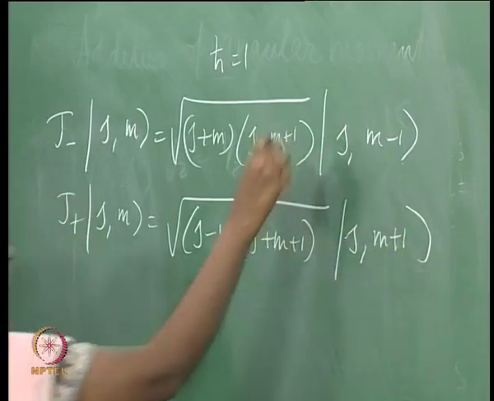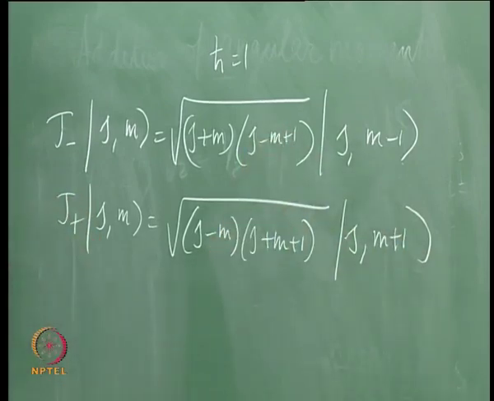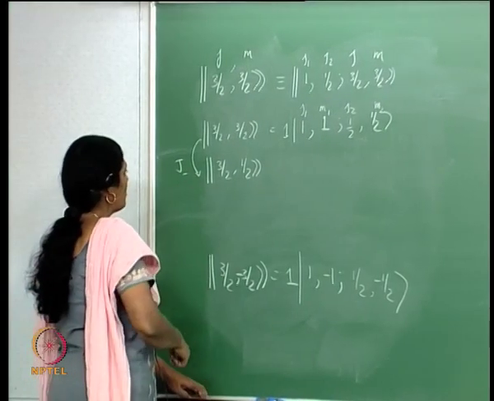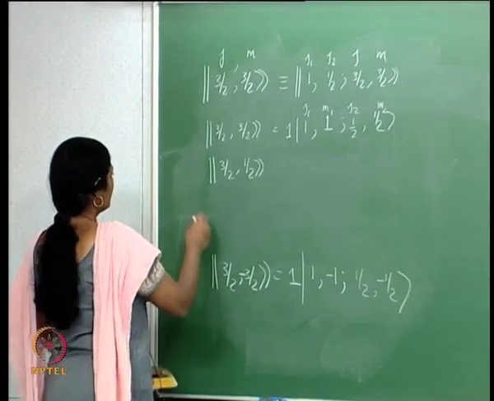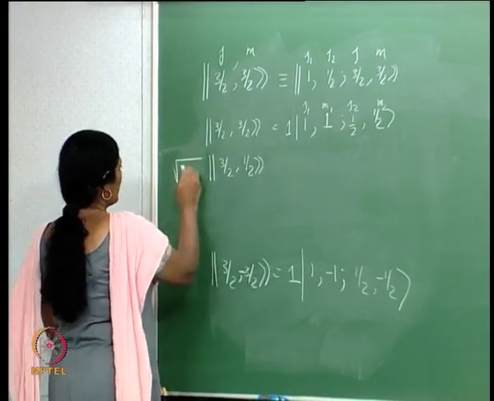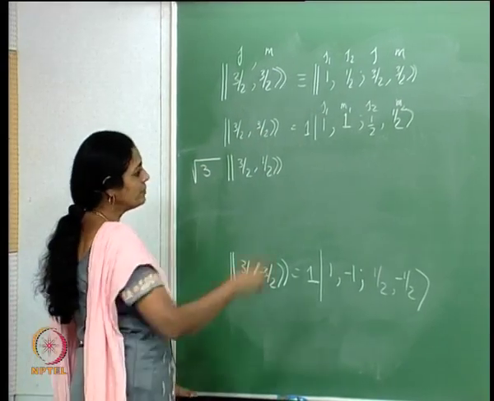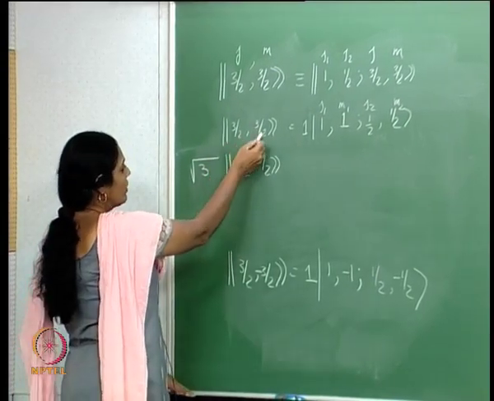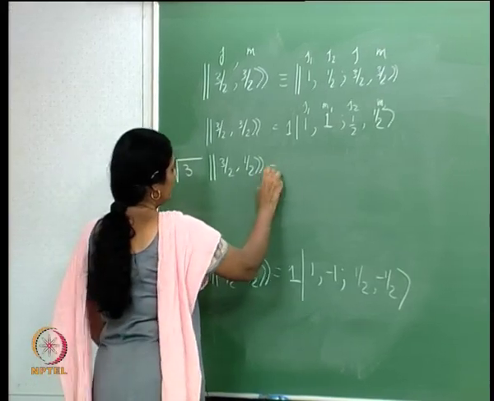These are the lowering and raising operators respectively. So I use that, and therefore when I use J minus here, the coefficient is root 3, where I have used J is 3 by 2 and m is 3 by 2.